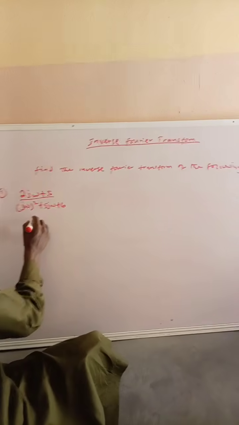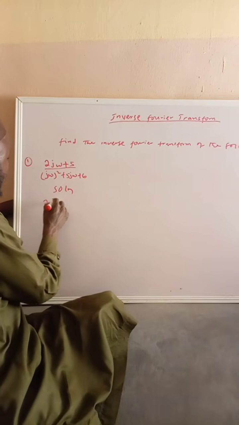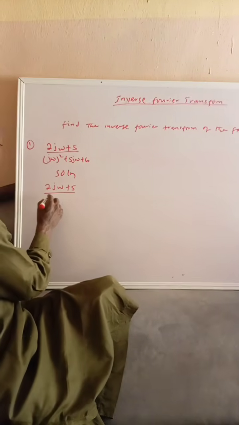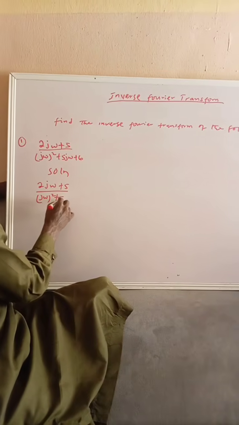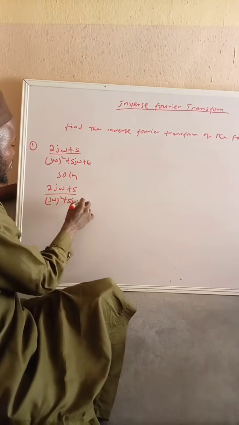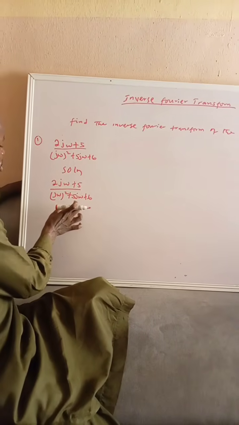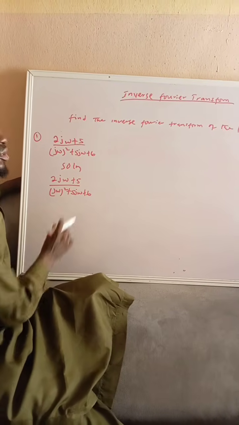If I have (2jω + 5) all over (jω)² + 5jω + 6. When we look at the denominator, we have (jω)² + 5jω + 6.